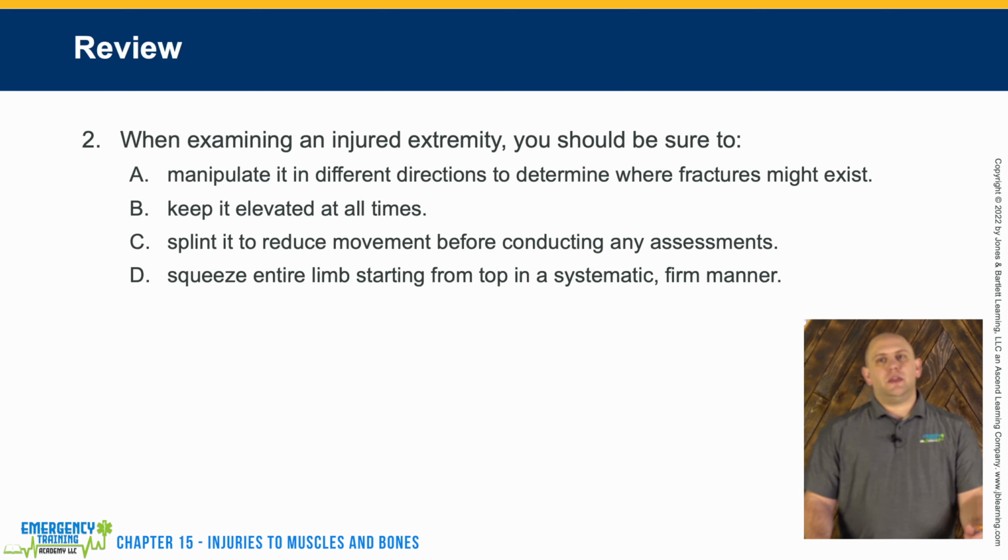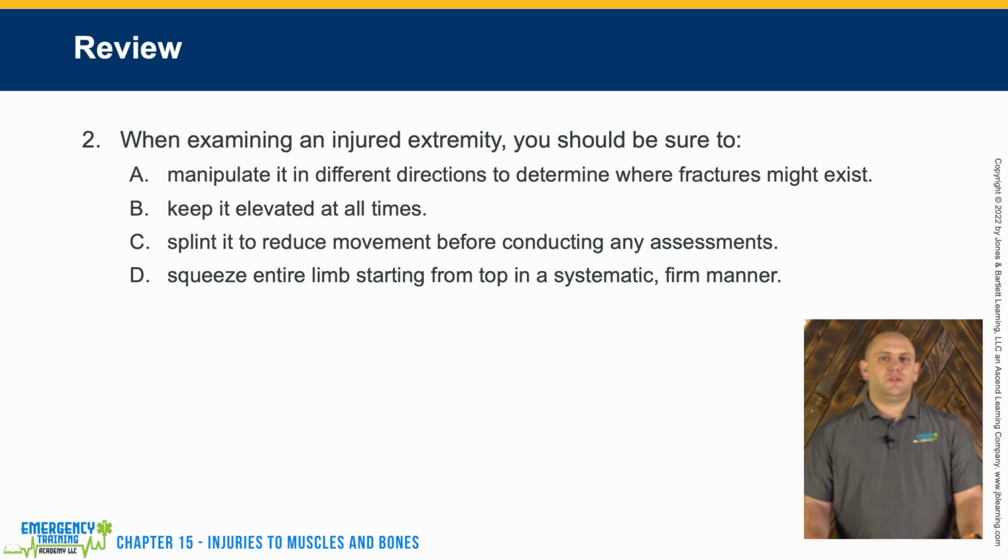When examining an injured extremity, you should be sure to A, manipulate it in different directions to determine where a fracture might exist. B, keep it elevated at all times.